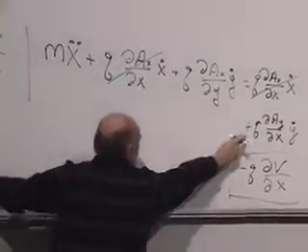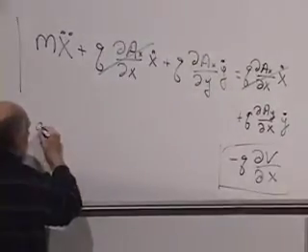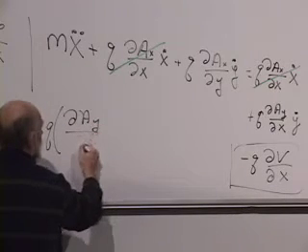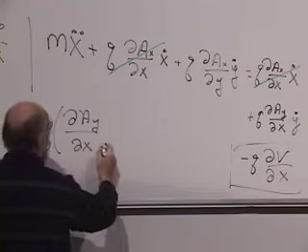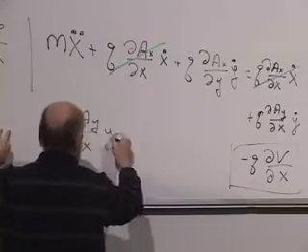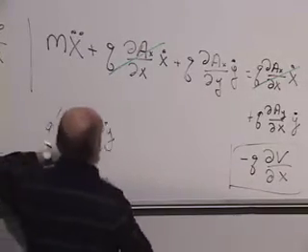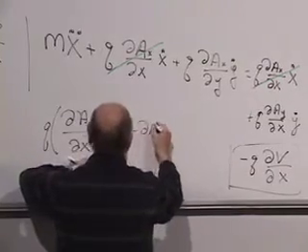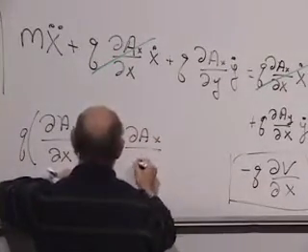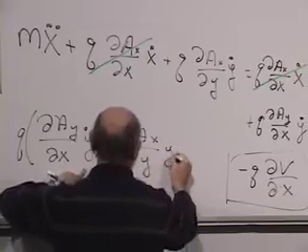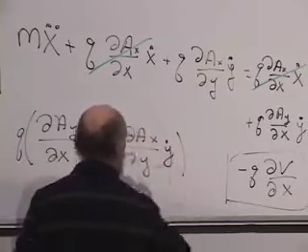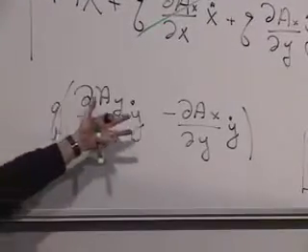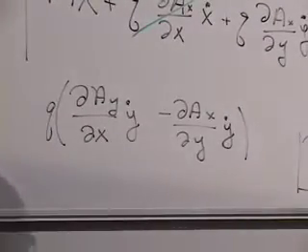First of all, from here, q times dAy by dx times y dot, and then from here minus dAx by dy times y dot. The dAy by dx minus dAx by dy, what is that?